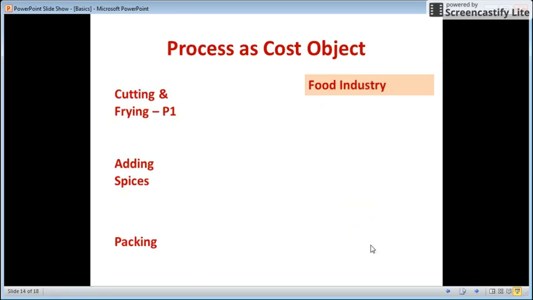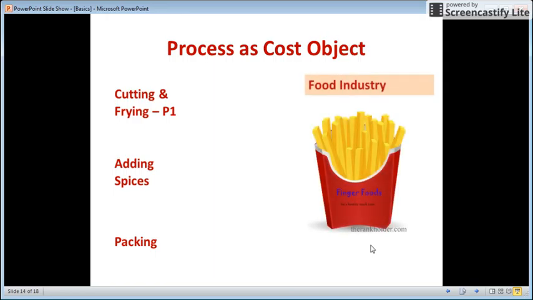Process is a cost object. For companies like Fingerfoods Limited, cost will be measured by a process. In a manufacturing operation like French fries, it is not possible to measure cost per single piece of French fries because there will be thousands and thousands of identical and homogeneous units coming out in production. The production is done batch by batch, and each batch goes through different processes. The first process can be cutting potatoes, the second process will be adding spices, and the third process will be packing.